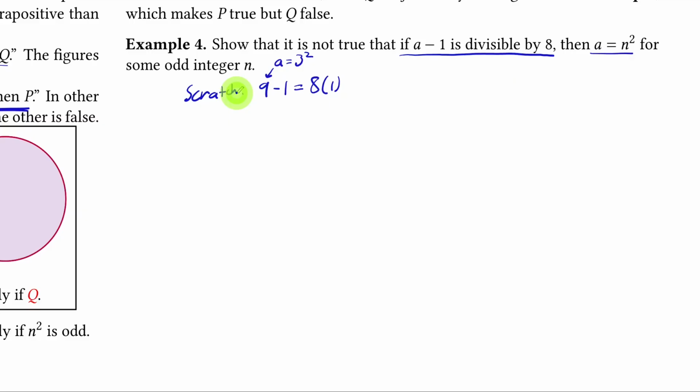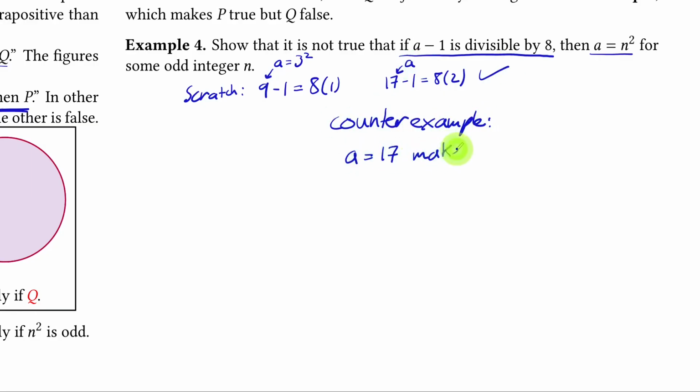Let's try another number where a minus 1 is divisible by 8, like 17. 17 minus 1 is equal to 16, which is 8 times 2. So there we go. 17, in this case, is not equal to the square of an odd integer.